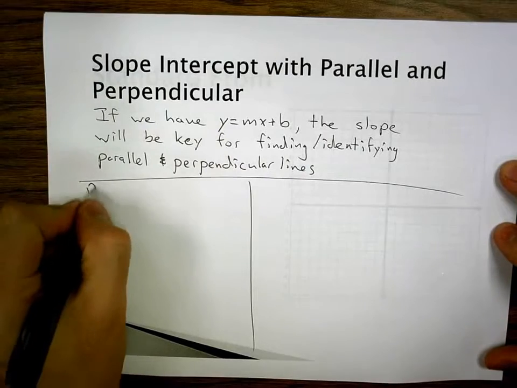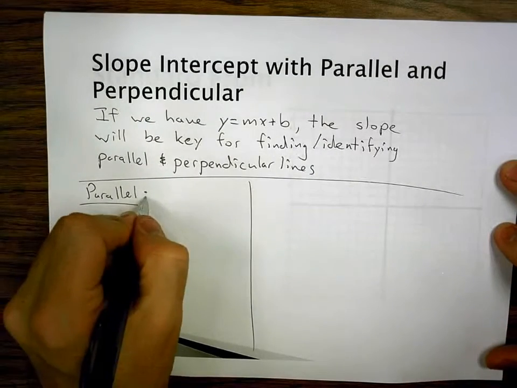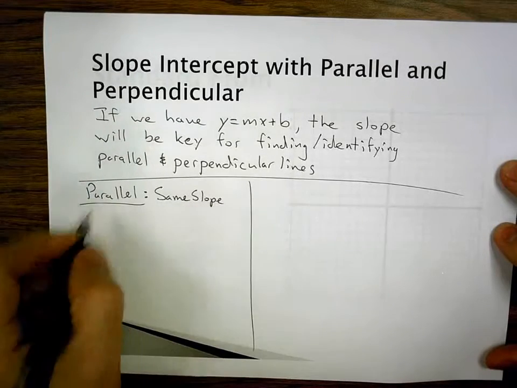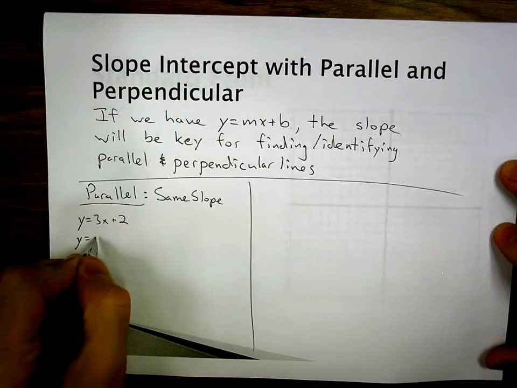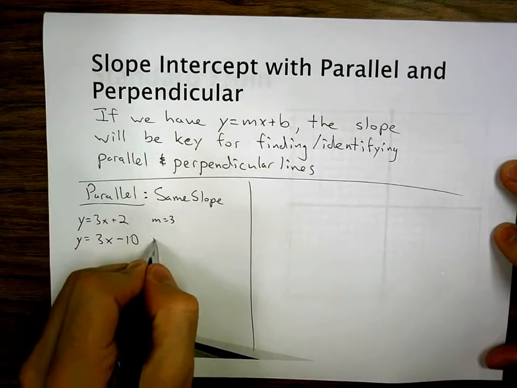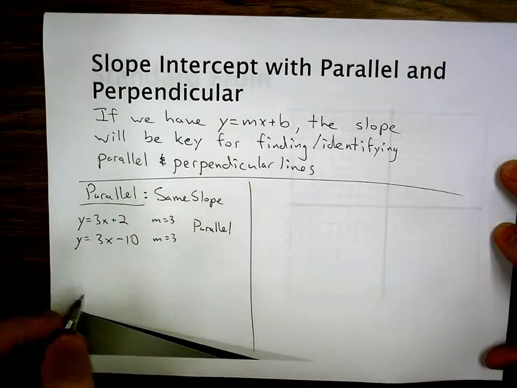So let's start with parallel first. Parallel lines, like we talked about before, have the same slope. So if I have y equals 3x plus 2 and y equals 3x minus 10, in both cases m is 3, so they are parallel.